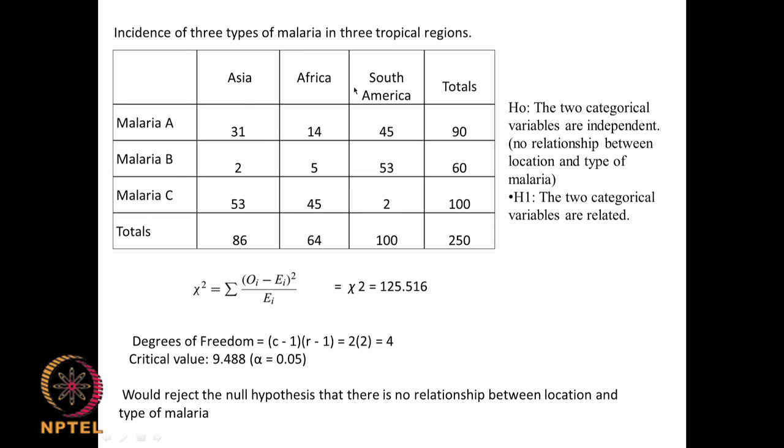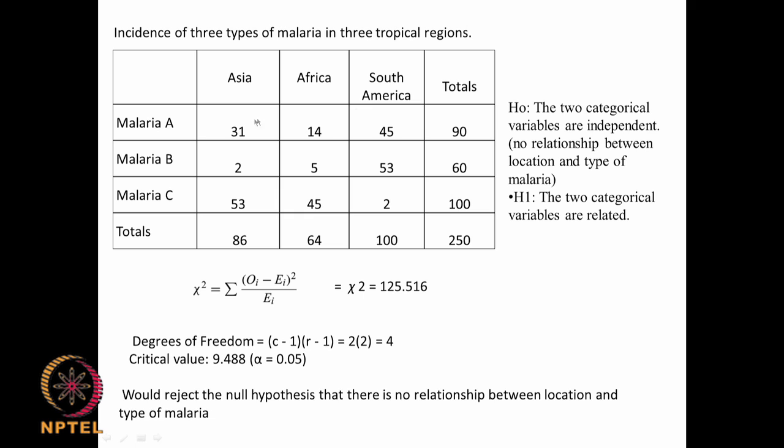The alternate will be that these 2 variables are related to each other, okay. So, if there are 90 cases, we expect that all of them should be there in all the countries, because we do not expect any sort of correlation or relationship in this entire situation, okay.